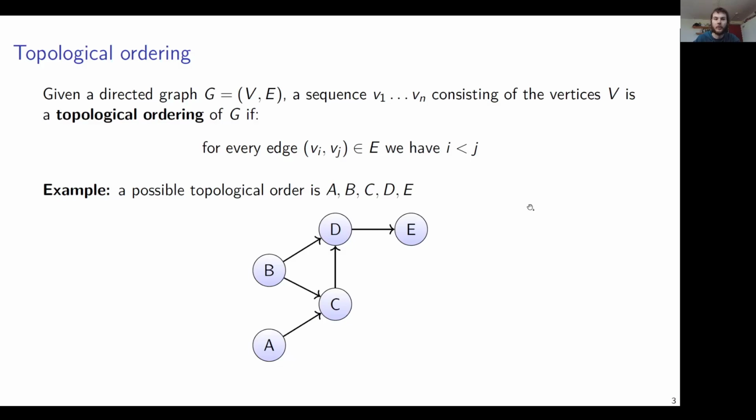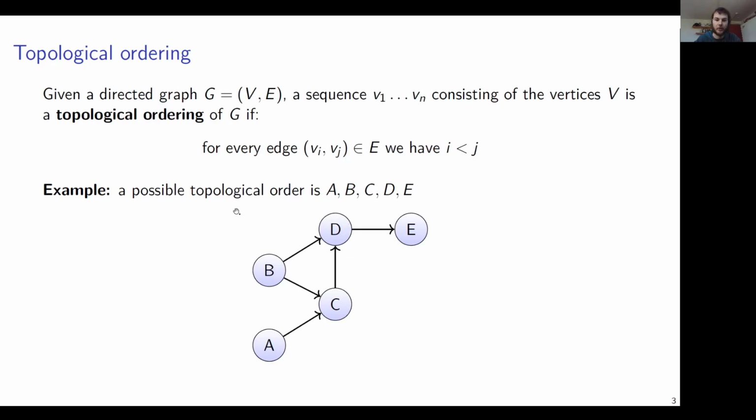Technically, we call an order a topological ordering if for every edge, the vertex it comes from comes in the order before the vertex it goes to.